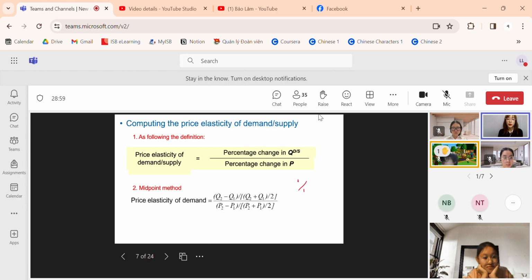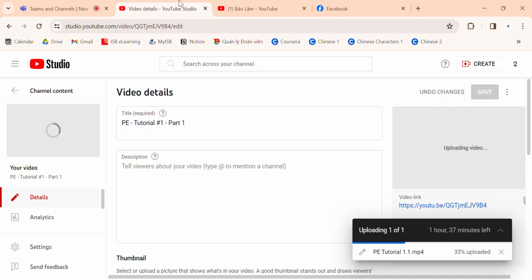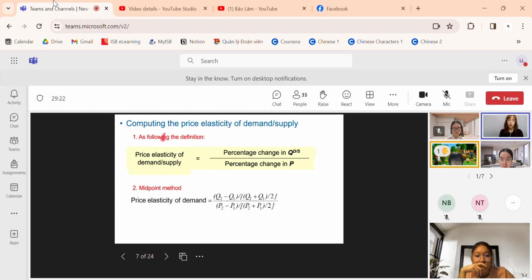So it tells you the percentage change in QD or QS relative to the percentage change in price. But if they give you the changes directly, like the price increases from P1 to P2, or Q1 to Q2, so we use the midpoint method. Okay, so it's up to the information, right? So later on, we will have an exercise for you to practice this calculation method. All right. And next, okay, what is some of our conclusion here?